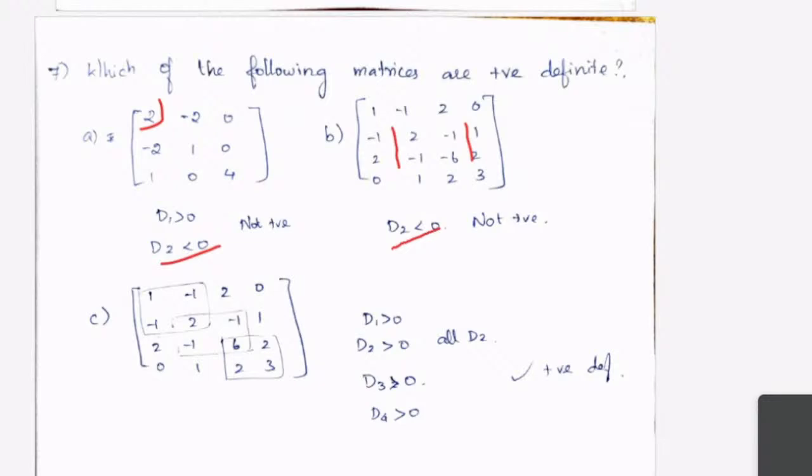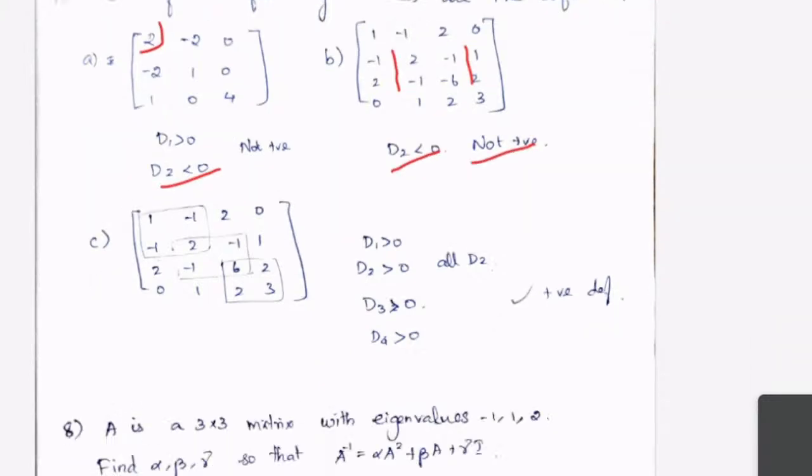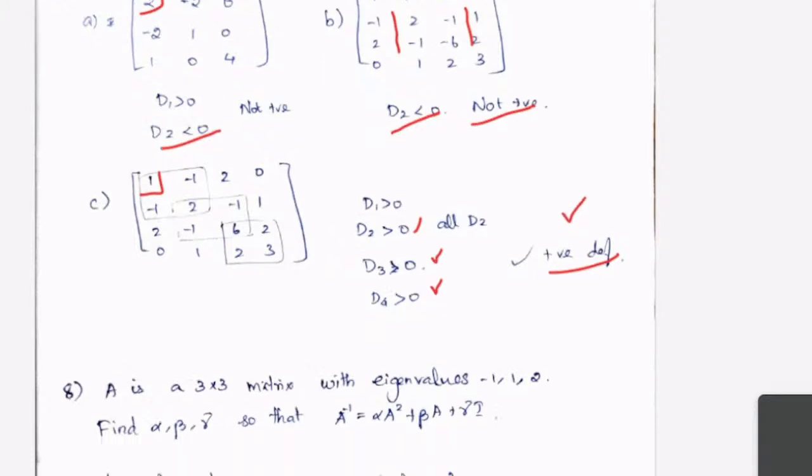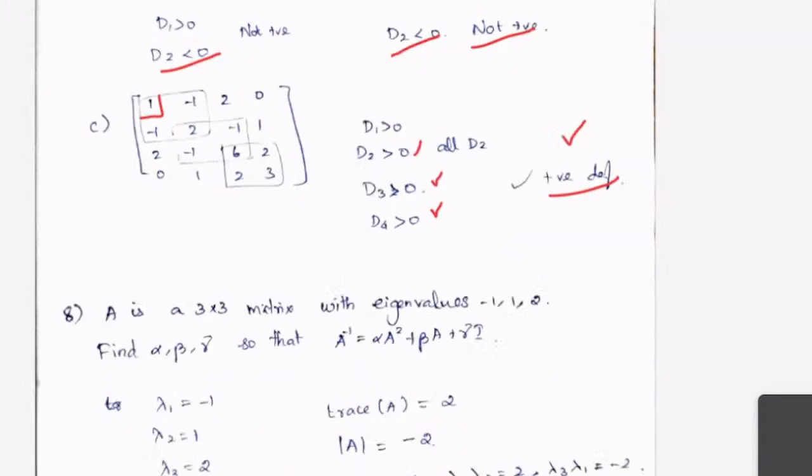It is less than 0, hence it is not positive. Here D1 is greater than 0 and all the D2s are greater than 0, and D3, if you check D3, will be greater than 0, and the determinant of this matrix is also greater than 0. Hence this is a positive definite matrix. You can also find the eigenvalues and we can say whether it is positive definite or not.